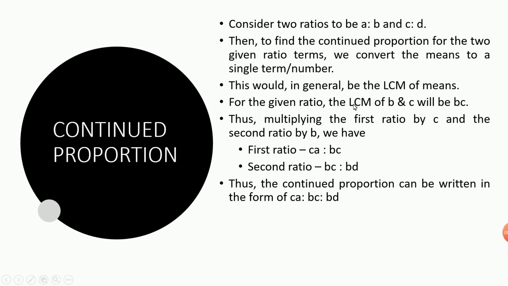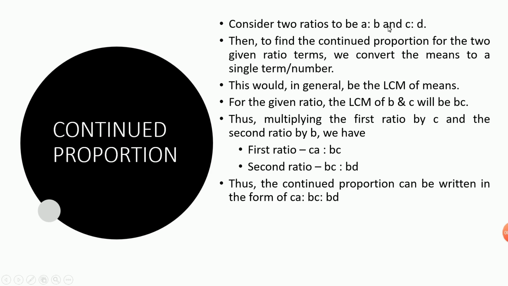So here, LCM of B and C will be BC. Since it is continuous, if you are going to write in continuous form, these two will be means and these two will be extremes. So LCM of the means is BC. So we multiply the first ratio by C, because just as we took the LCM in the number series, it is similar here.